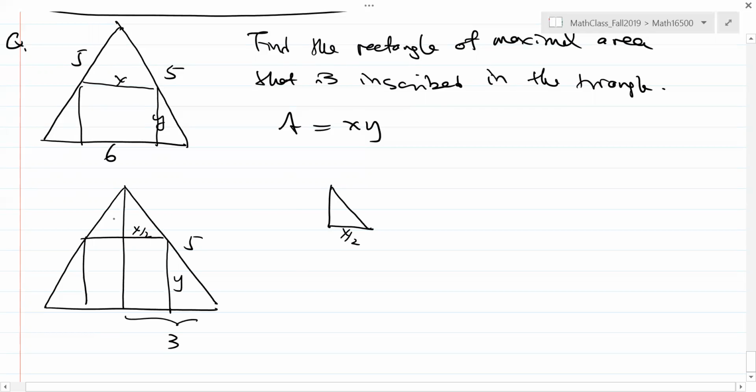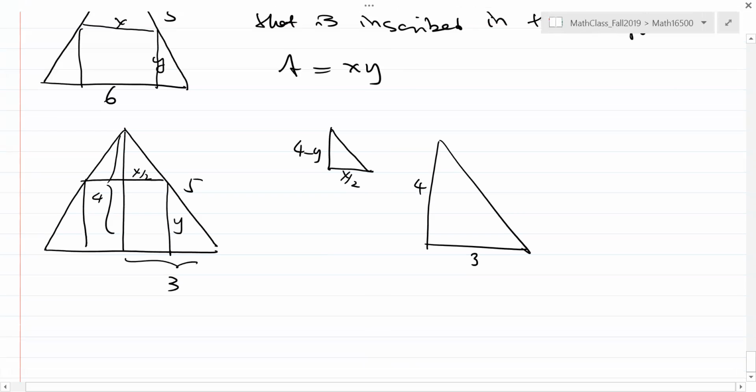The other side is the height. The full height is going to be 4 because 3, 4, 5. Everybody knows that, right? So this would be 4 minus y, and the other larger triangle is the 4 and the 3, right? Those two triangles are similar. It's obvious. So the ratio of corresponding sides are equal. That means (4 minus y) over 4 equals half of x over 3.